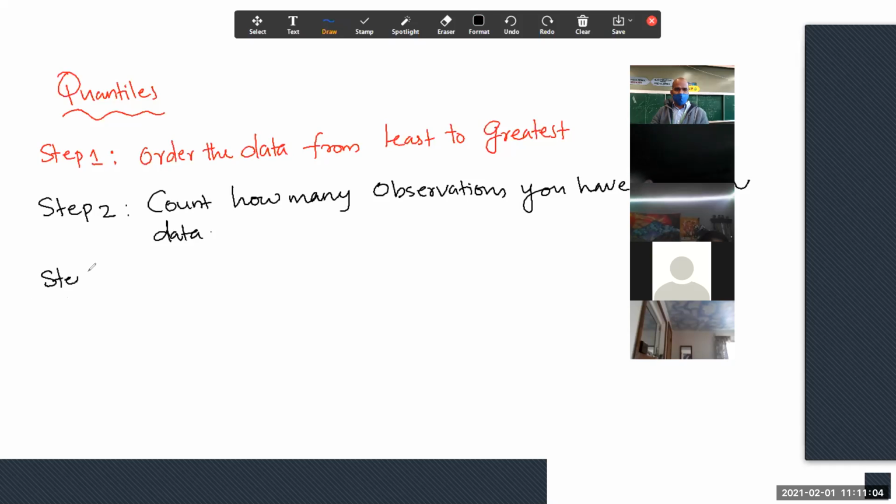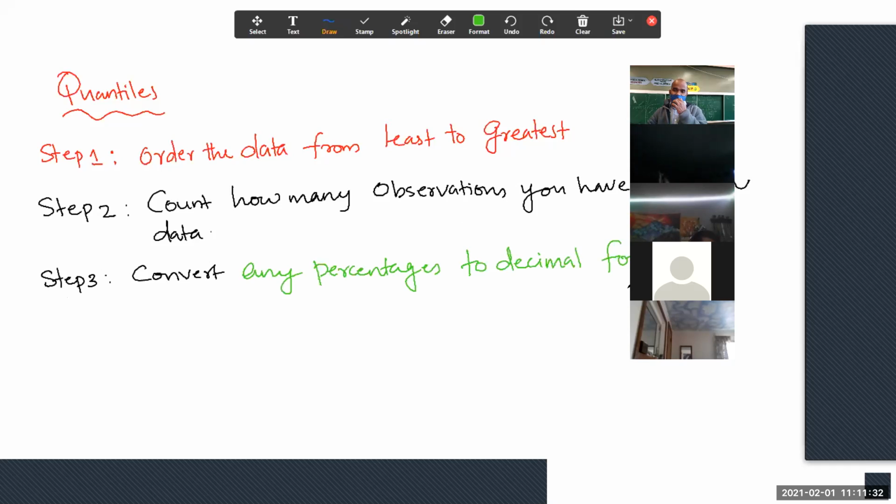And step three, convert any percentages to decimal for the letter Q. I can explain what this Q stands for.